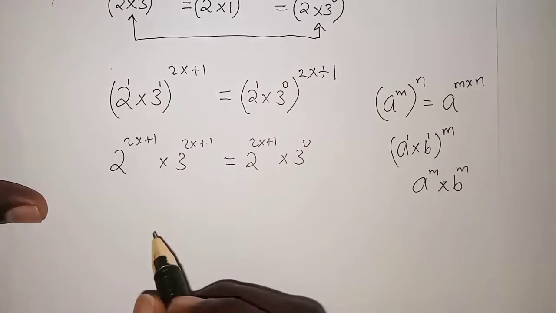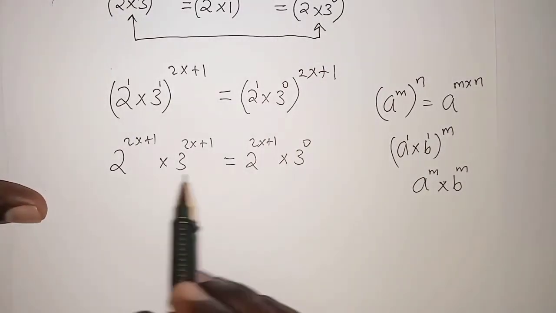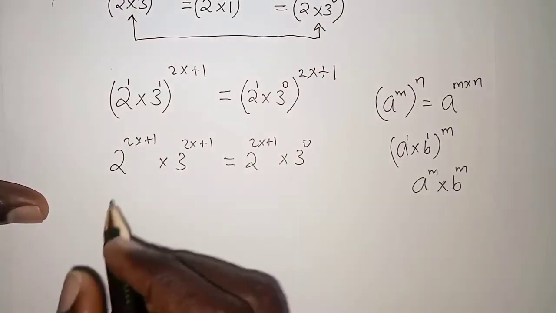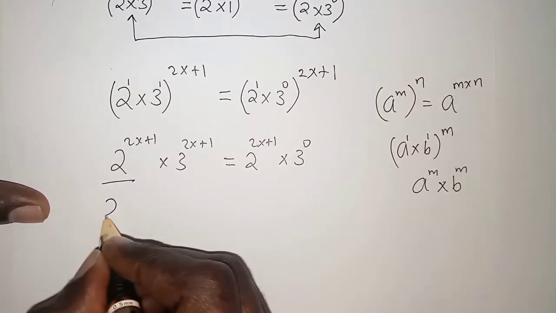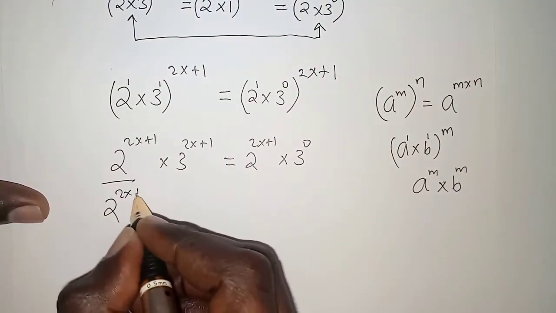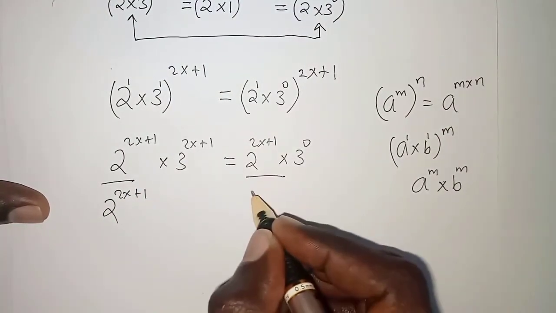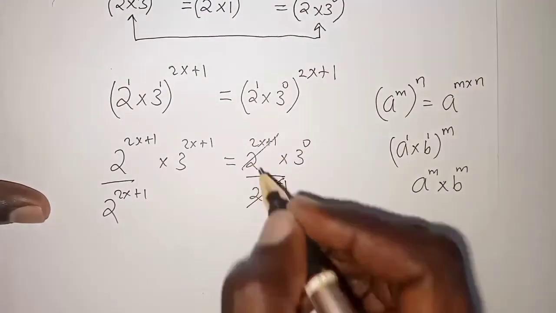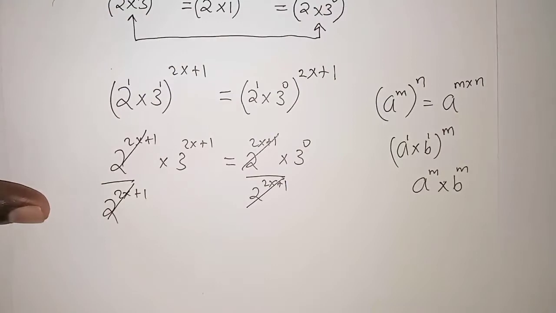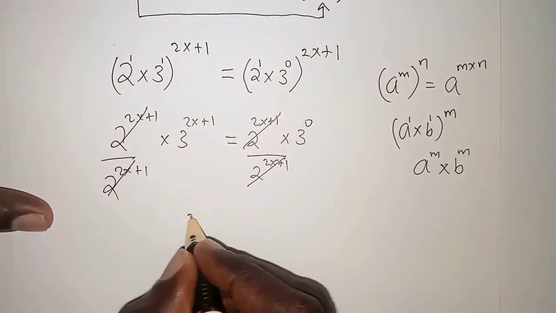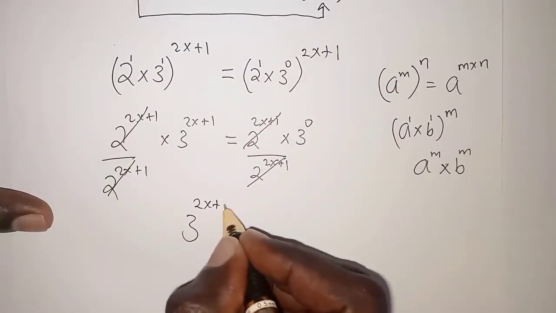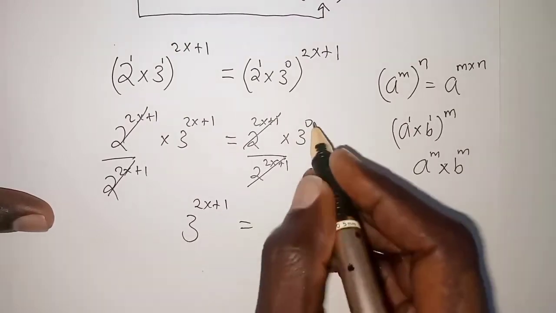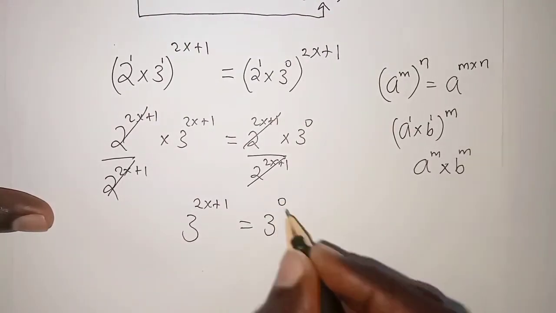So that means we can divide both sides by this. So we have here 2 power 2x plus 1, and this side also by 2 power 2x plus 1. So this cancels with that, and then we finally have 3 power 2x plus 1 equated to the right hand side, where we have 3 power 0.